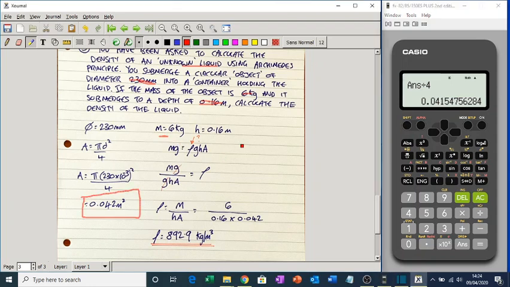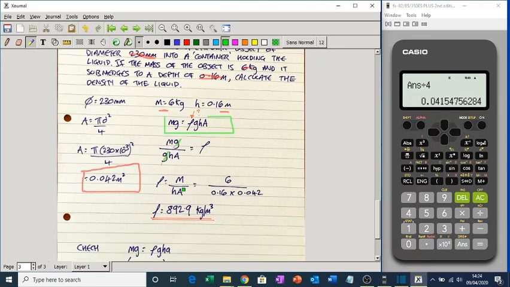We know the mass and we know the height. Here's the formula: mg equals density, gravity, height, and area. We don't know the density, but I'm going to rearrange this formula for that. So I'm going to bring the g down, bring the h down, and bring the a down, and leave the density there. So the gravity comes down, the height comes down, and the area comes down. Both that gravity and that gravity cancel out, leaving me with density is mass over height and area.